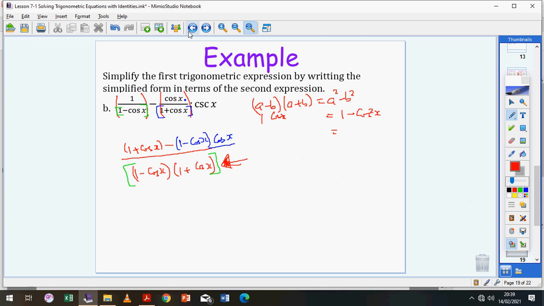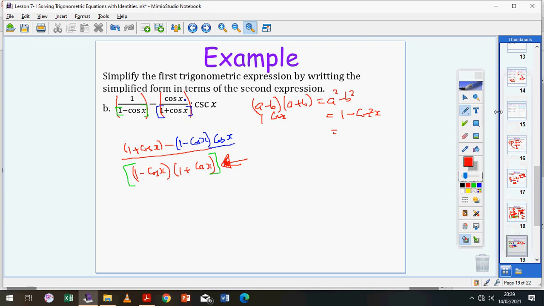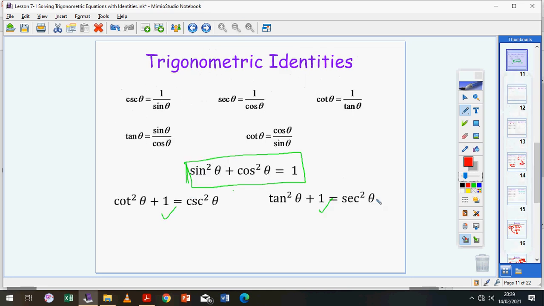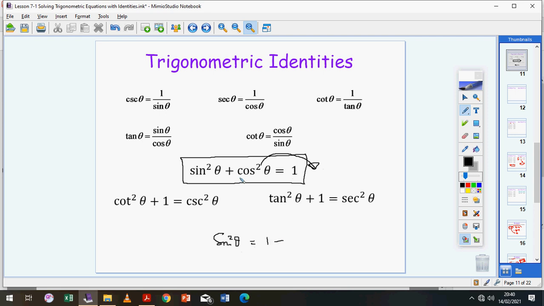And I'll keep pulling on this thread. 1 minus cosine squared x, taking you back a little bit to these identities. If you look at the very first identity, sine squared x plus cosine squared x is equal to 1. If I move the cosine to the other side, subtracting cosine squared theta on both sides, then sine squared theta will be 1 minus cosine squared theta.